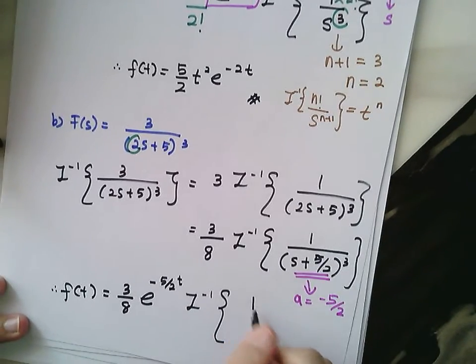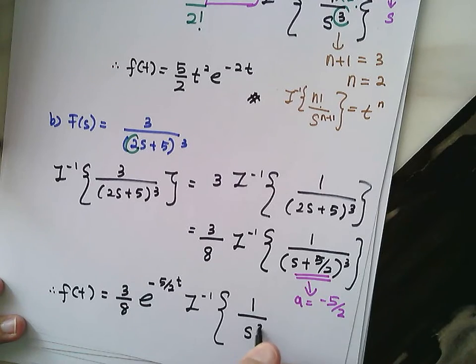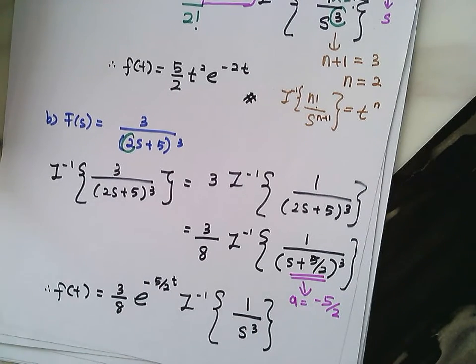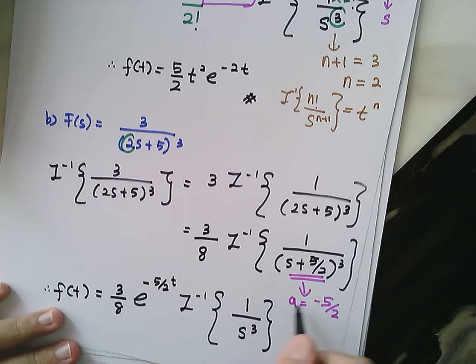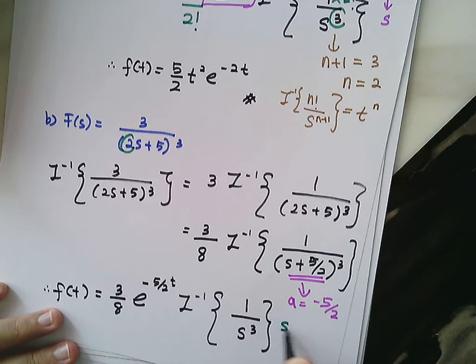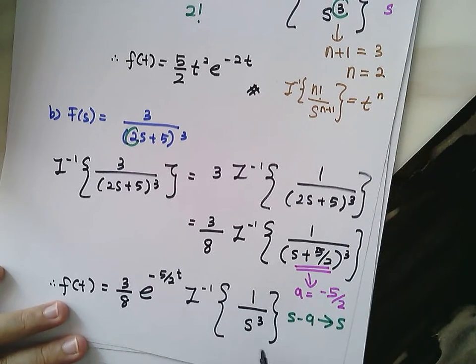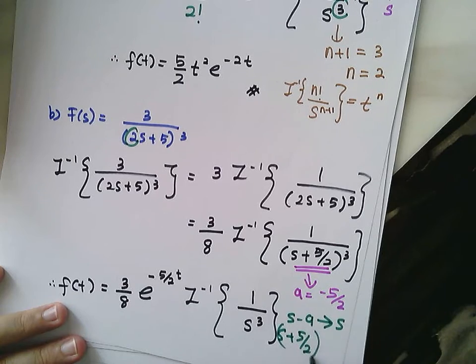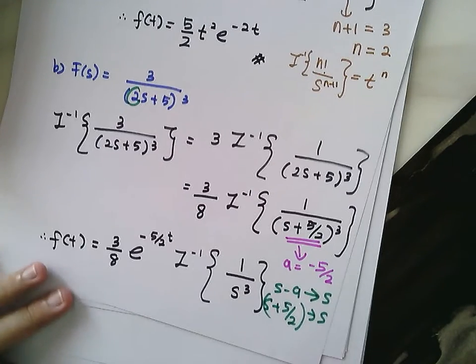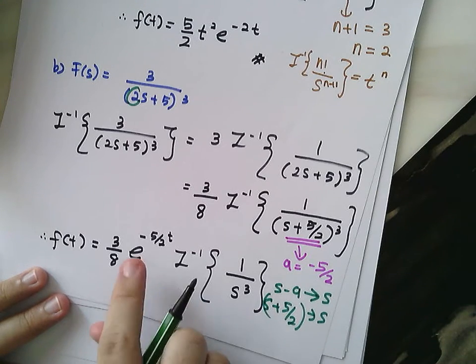So you will have 1 over s cubed. So here s minus a is replaced by s, so you have s plus 5 over 2, so this term is replaced by s. You can only replace this term with s if you have the exponential term.